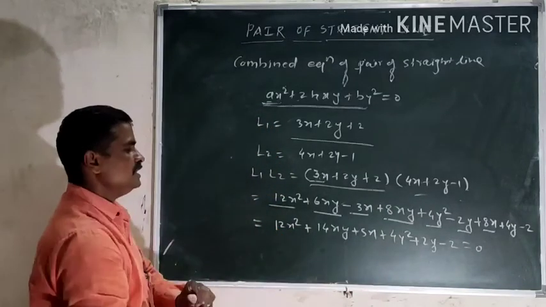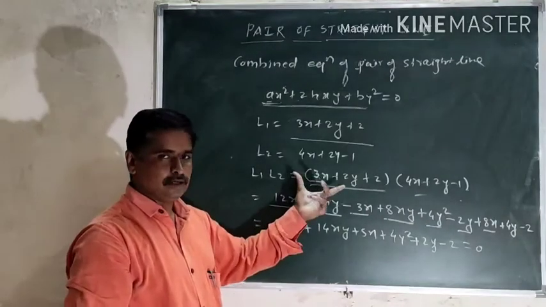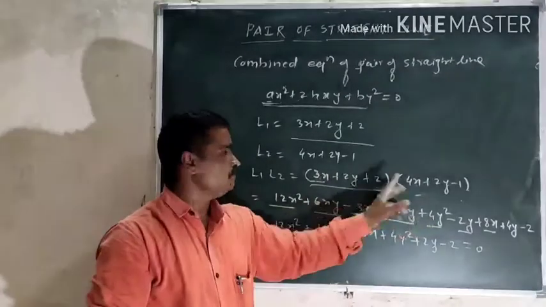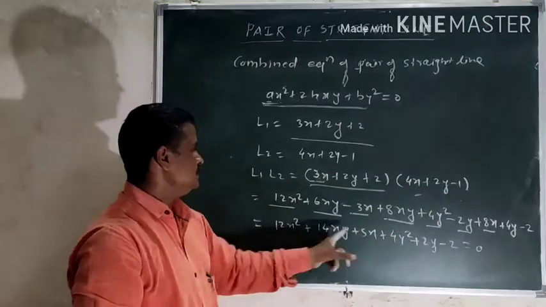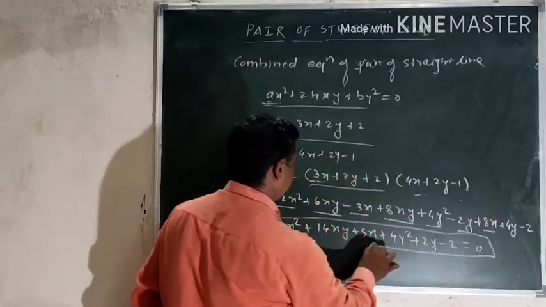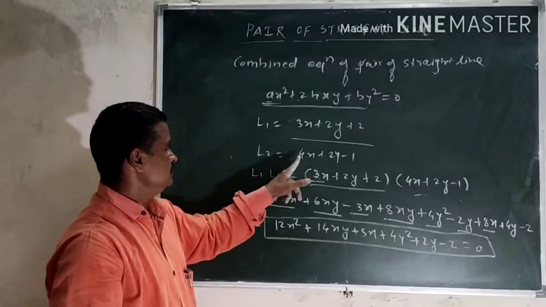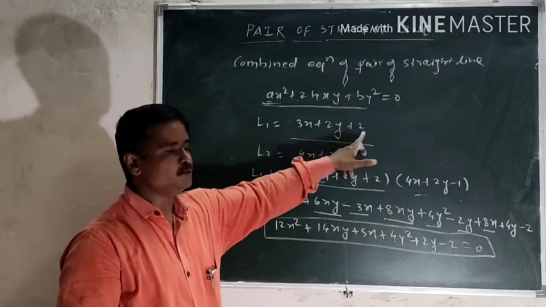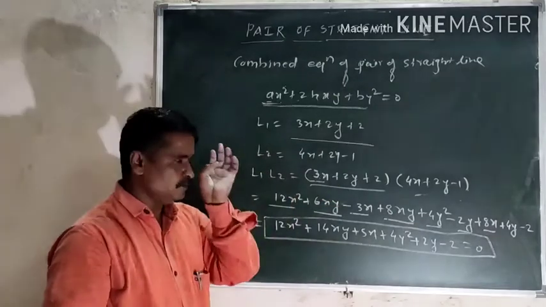So this is the process to find the combined equation of two lines. We simply multiply this bracket with this bracket. This is the combined equation of straight lines with L1 equals 3x plus 2y plus 2 and L2 equals 4x plus 2y minus 1.